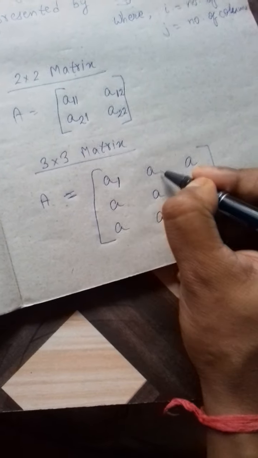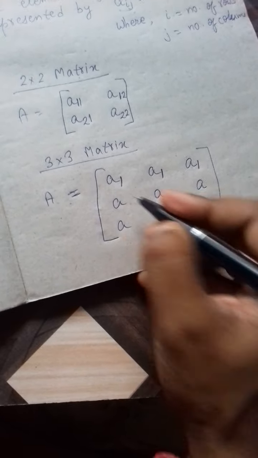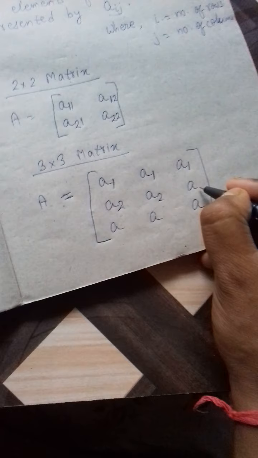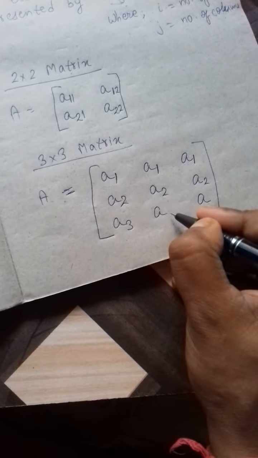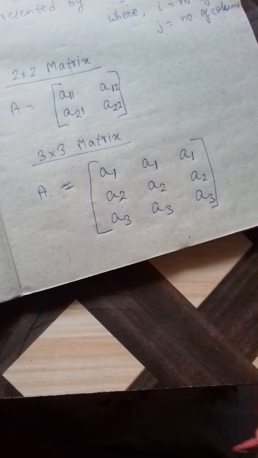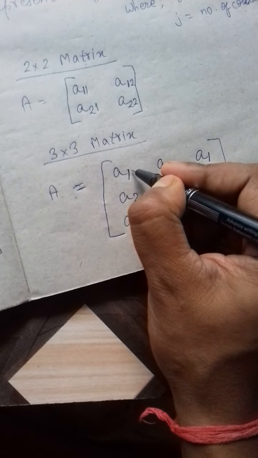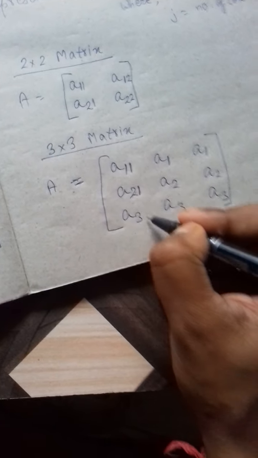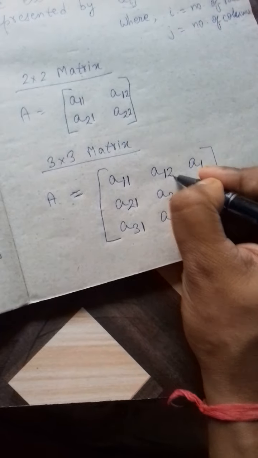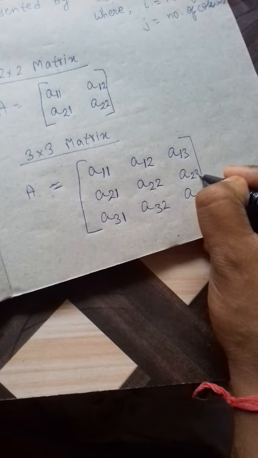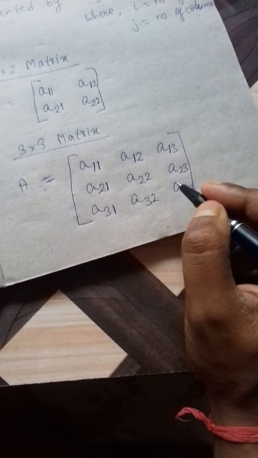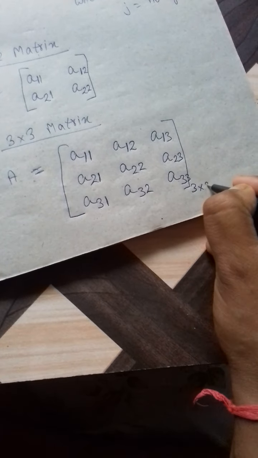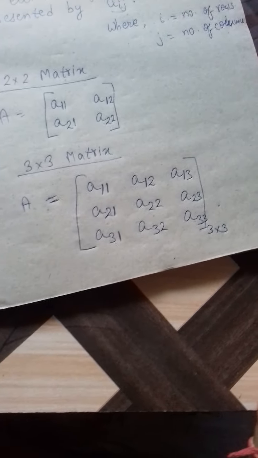So it is the first row, it is the second row and this is the third row. Now we will indicate the number of columns. It is the first column, it is the second column and this is the third column. Now we have got our 3 by 3 matrix.